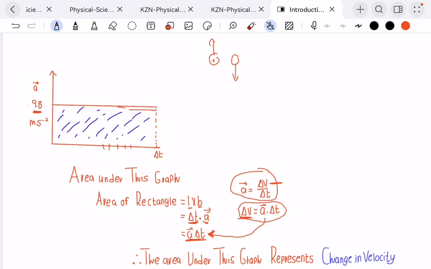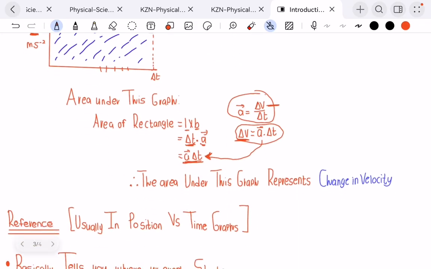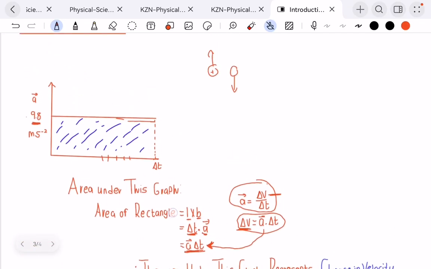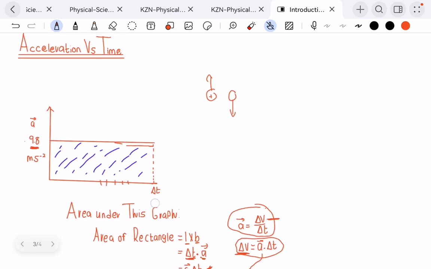Remember, it's not velocity, it's the change in velocity. It's v final minus v initial, right? So the area under the graph of acceleration versus time represents the change in velocity, right? You must always remember that. And that is basically what you need to know about the acceleration versus time graph.